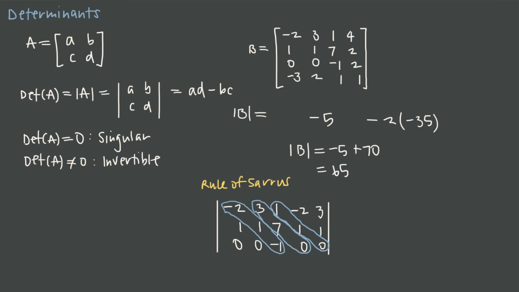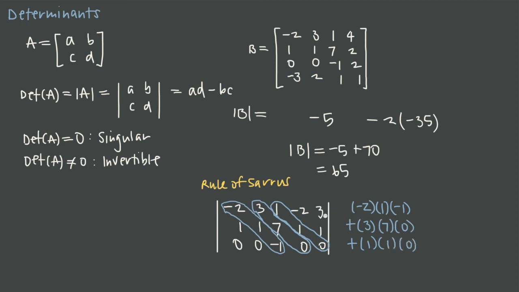So we're going to grab all three of these, and multiply these values together. So we're going to say -2, 1, and -1 is that first diagonal. Then we're going to add. So plus 3 times 7 times 0 from the second diagonal, plus 1 times 1 times 0 from the third diagonal.